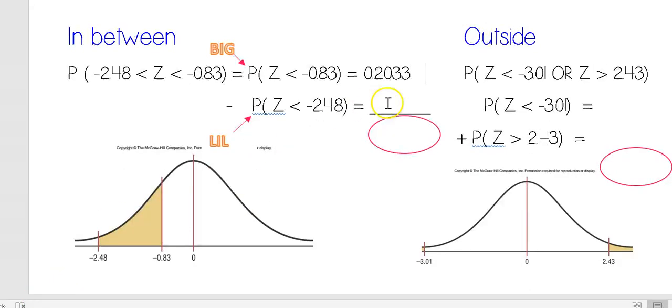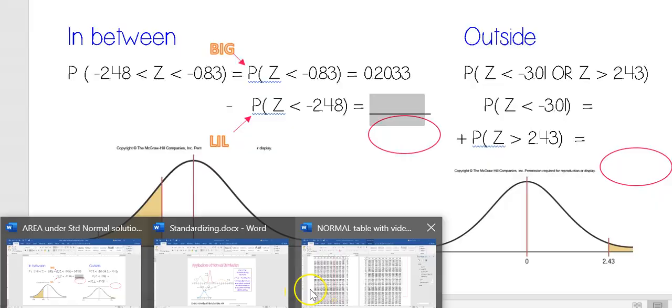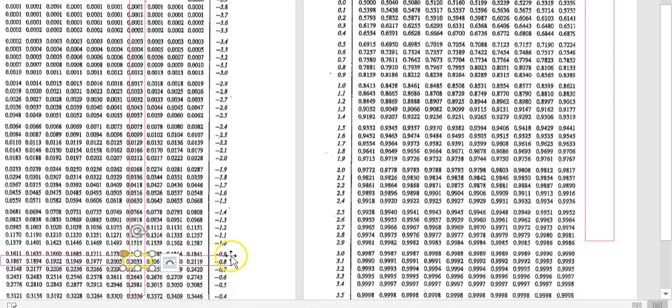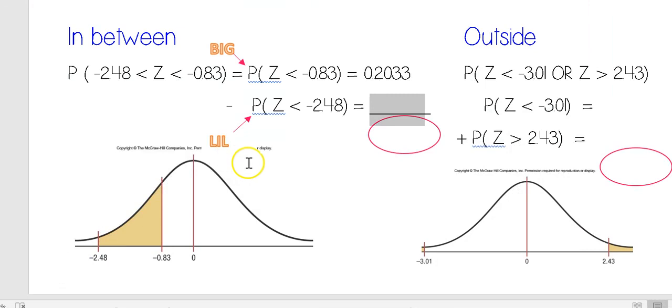And the area under the curve to the left of the smaller of the two z-scores, negative 2.48. Again, I go to my table, I go to my row of negative 2.4 and my column of 0.08, and those intersect at 0.0066. So I fill that into my subtraction.